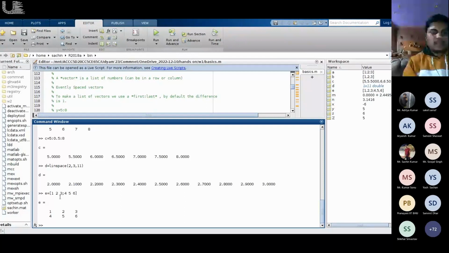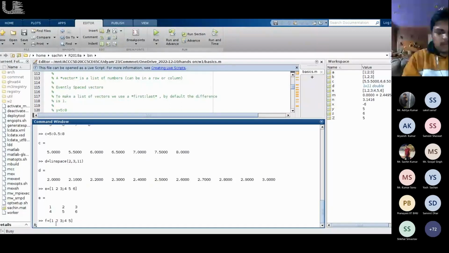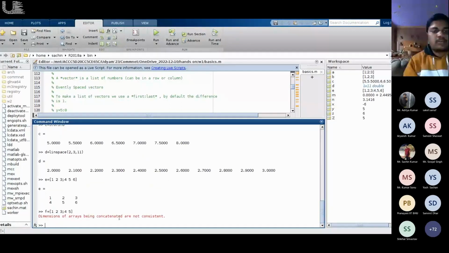Remember that the number of elements in each row should be the same. In matrices you cannot have 3 elements in the first row and 2 elements in the second row. If I try to do so, it will give an error. Let's try 2 3 semicolon 4 5. The dimension of arrays being concatenated are not consistent, so it is giving an error. So we cannot do that.